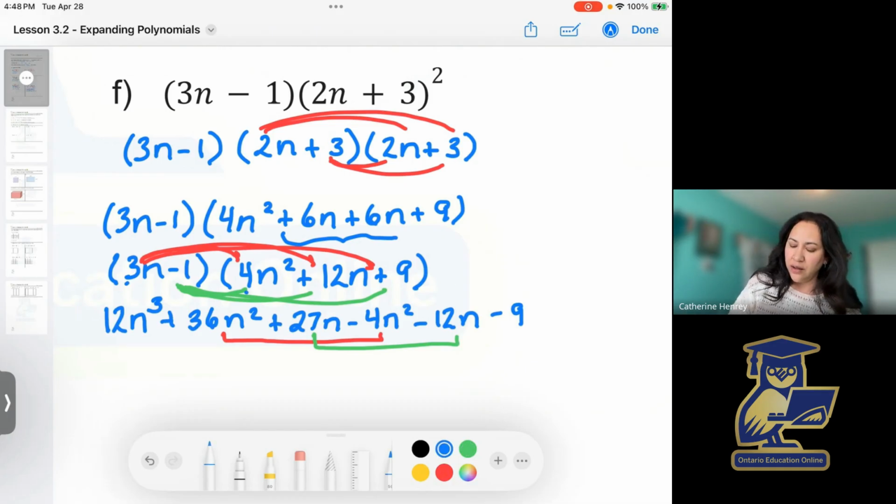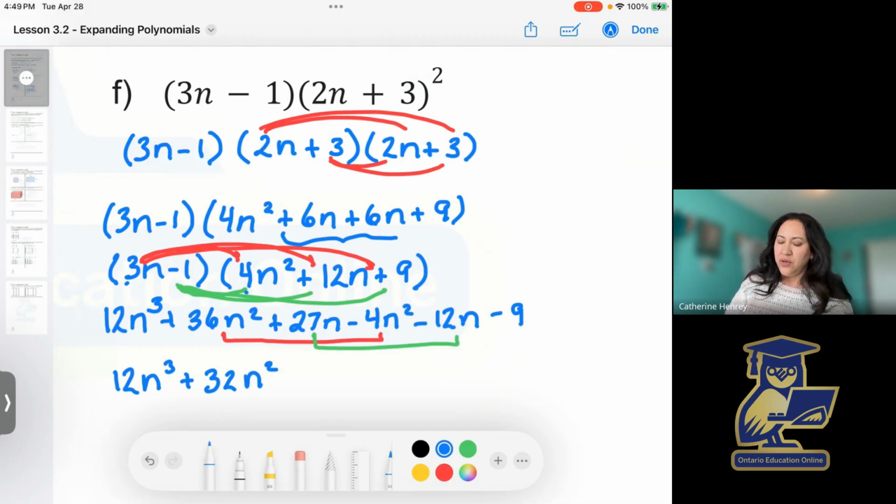So let's simplify. 12n cubed, 36n squared minus 4n squared is going to give me 32n squared. 27n minus 12n is going to give me 15n. And then minus 9 at the end. So there's the full expansion between that binomial and the binomial squared.